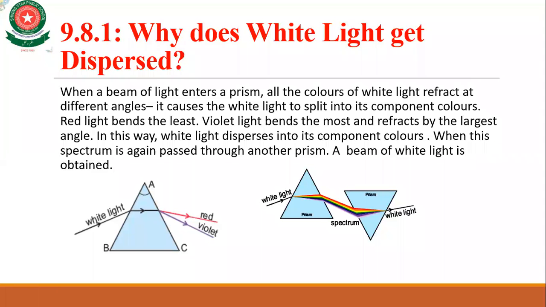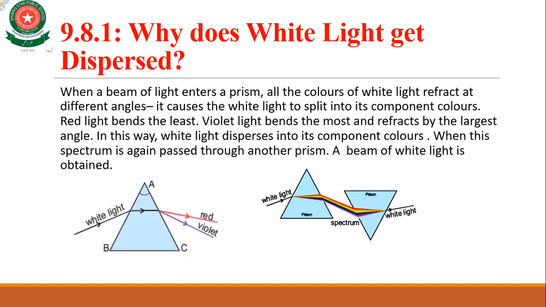Now the next topic, which is our today's last topic: why does white light get dispersed? You have studied in the last topic that whenever white light passes through a prism, it disperses into seven colors. So the question arises, why does white light get dispersed? When a beam of light enters a prism, all the colors of white light refract at different angles.